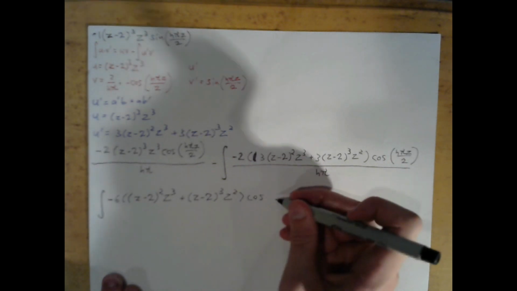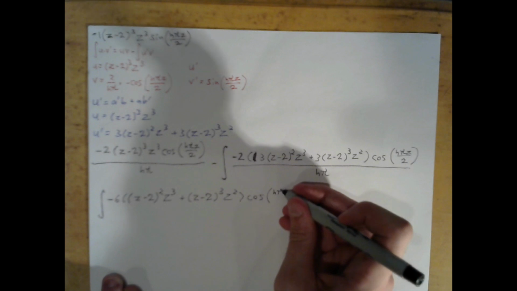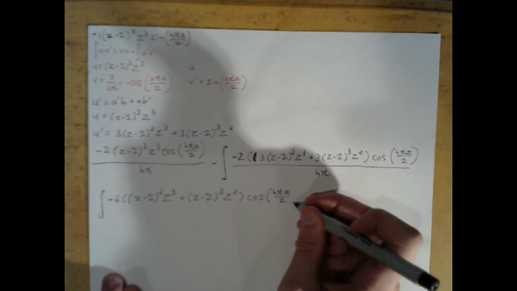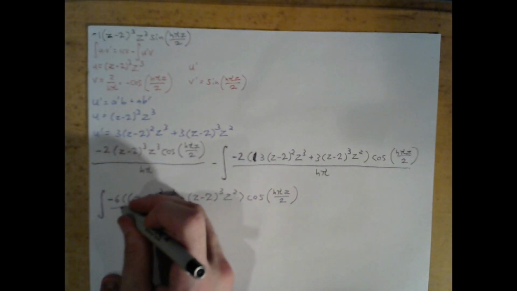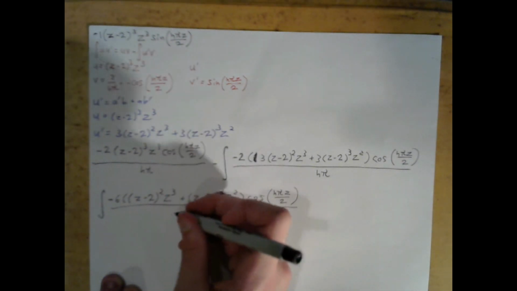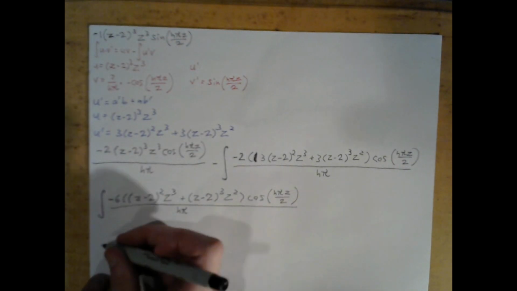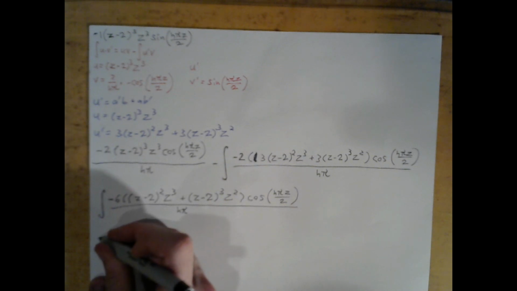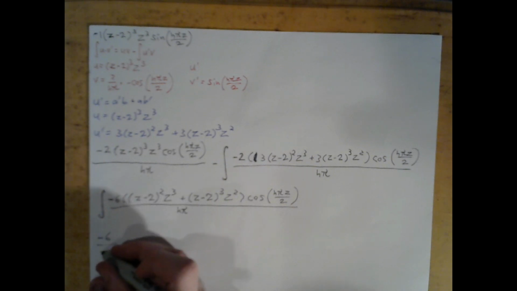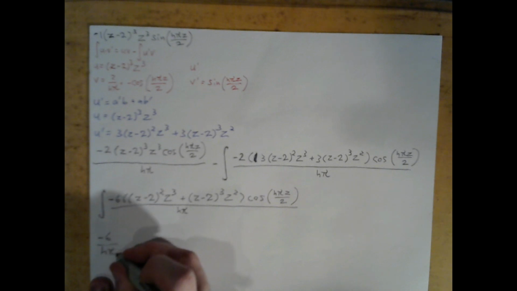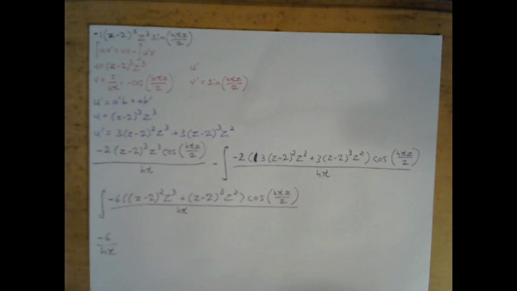Okay, and again, just the regular junk out front, h pi z over 2, and this is all going to be over h pi. It's still all over h pi. So when we apply linearity, we should be able to pull out this negative 6 over h pi. That's the biggest thing we can pull out in terms of our linearity.